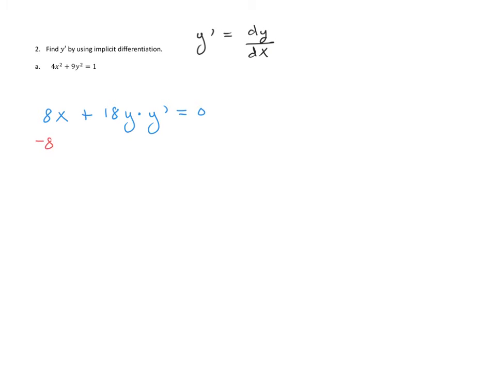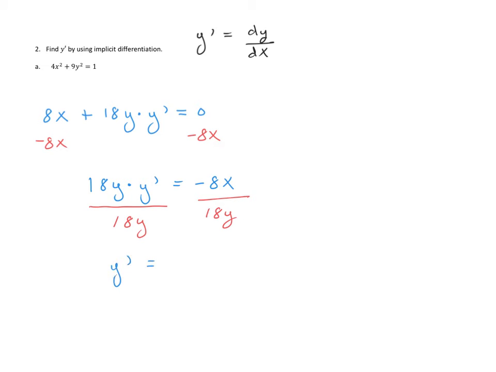I will subtract 8x from both sides. And I get that 18y times y prime is equal to negative 8x. Okay, I think my next step is to divide both sides by 18y. And that isolates the y prime for us.